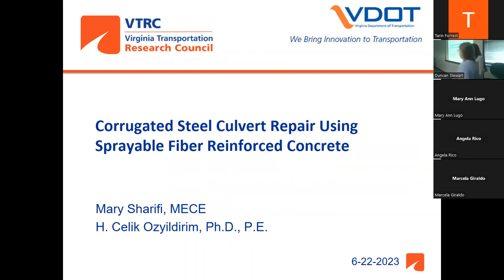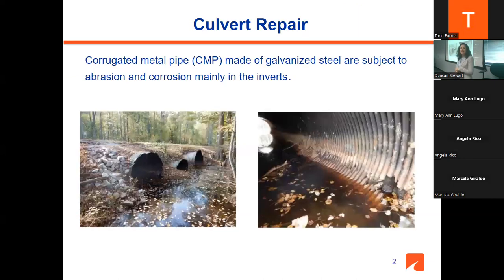Thank you for the opportunity. Good afternoon, everyone. I'm going to talk about one of the applications of FRCs, which is repairing of steel culverts with sprayable fiber reinforced concrete.